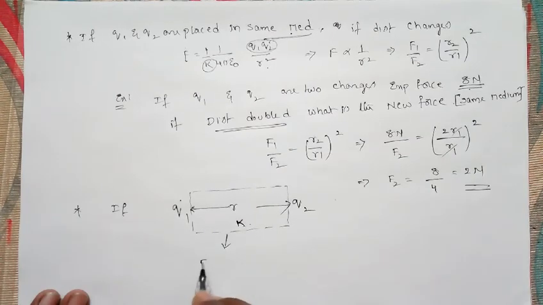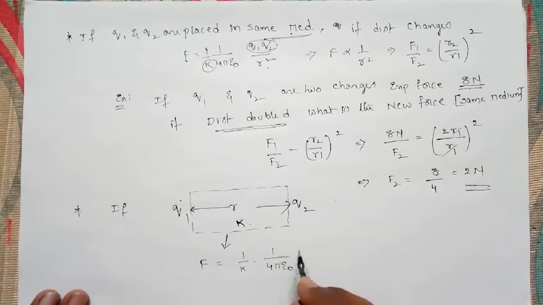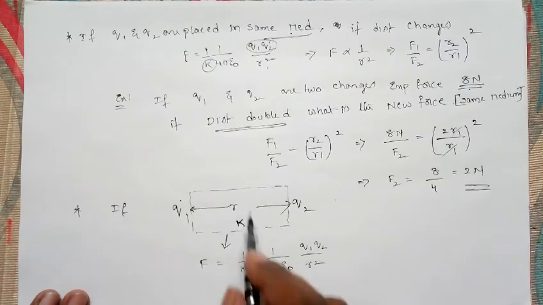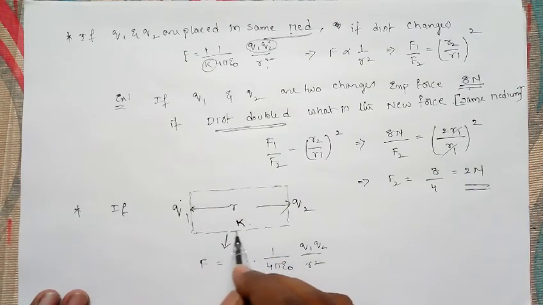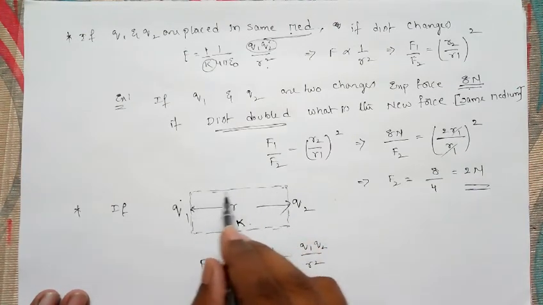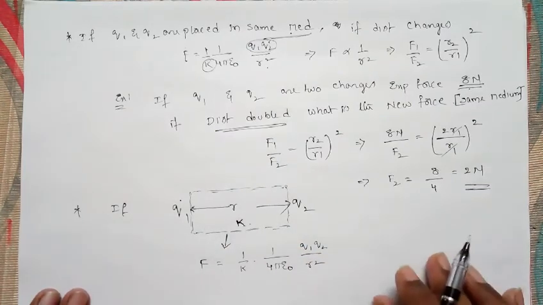We write F is equal to 1 by K into 1 upon 4 pi epsilon naught Q1 Q2 by R square.